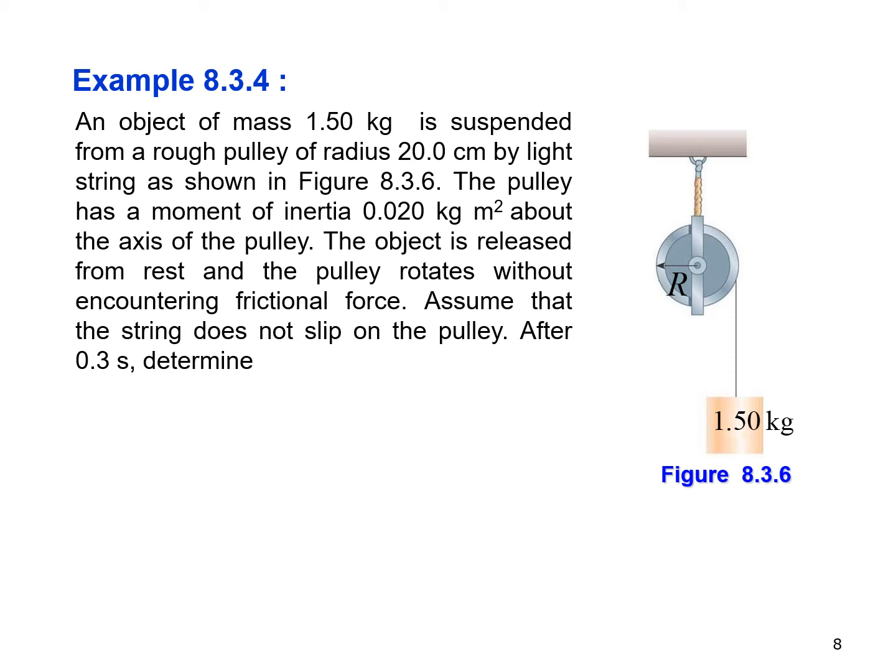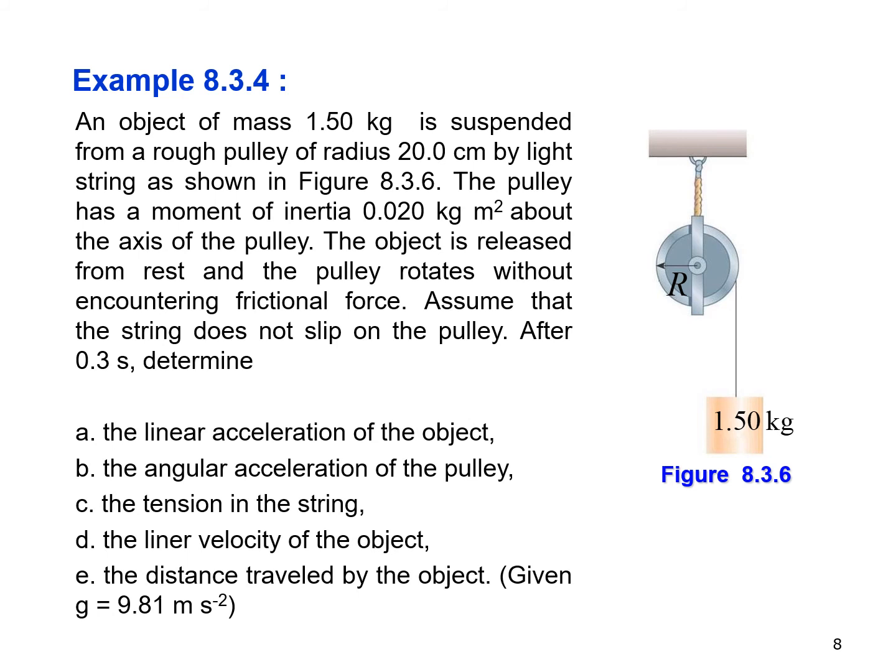Assume that the string does not slip on the pulley. After 0.3 second, they want us to determine the linear acceleration of the object, the angular acceleration of the pulley, the tension in the string, the linear velocity of the object, and also the distance traveled.